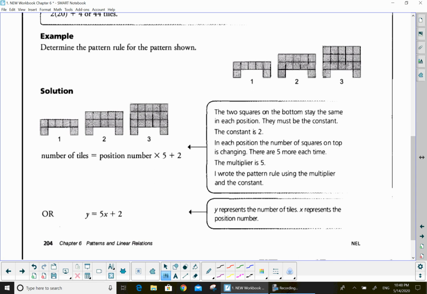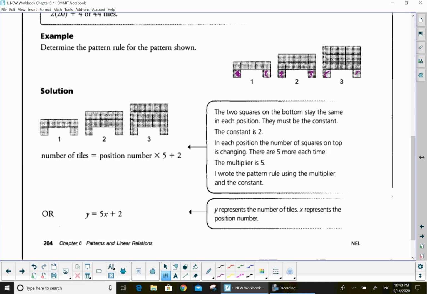Well, I guess I can go over the example. In the example, they have a visual representation of tiles, and we have to find a multiplier part and a constant part. If you look at the visual representation, you can see that there are two of these tiles that stay the same all the way throughout.